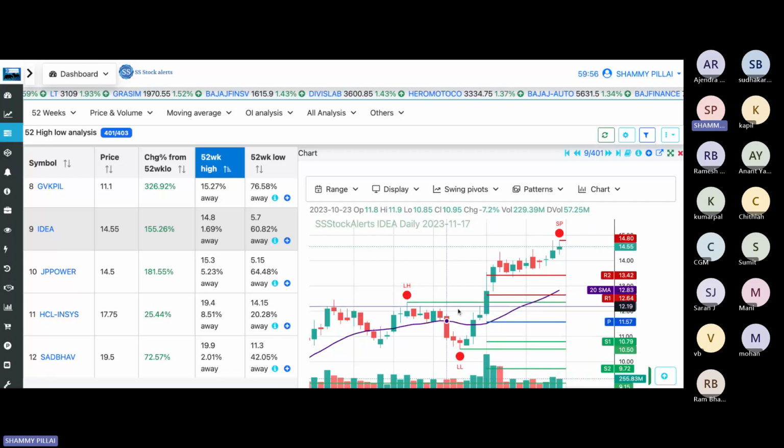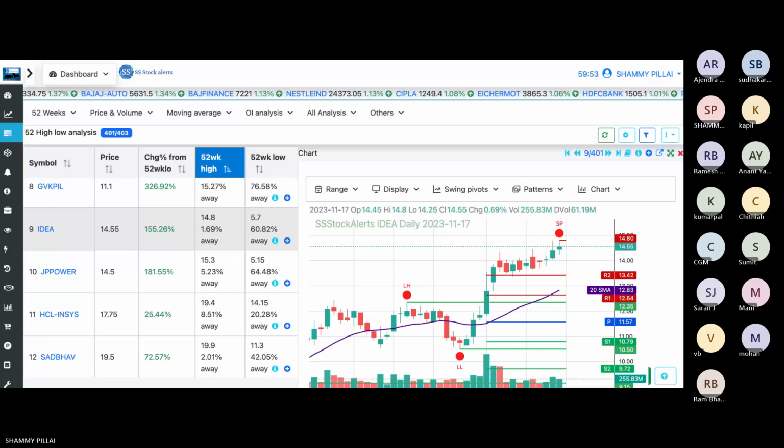This was nearly a double top. See, 1 and 2. It came down from here, it came down from here. But this one was with volumes. So the earlier double top, which was this, is now a clear breakout. Now it is forming the same double top. Now it has to form a volume like this.